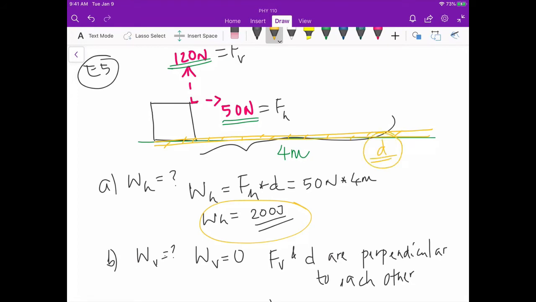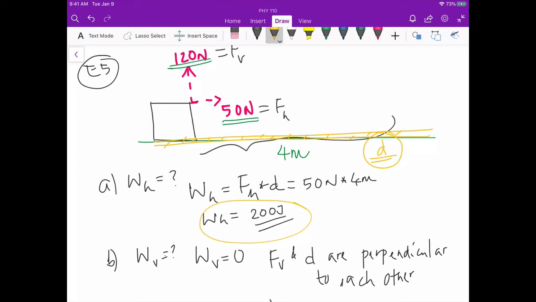By definition in physics, only the force component that is in the same direction as the distance does work. The force that is perpendicular to the distance doesn't do any kind of work. It's a matter of definition.